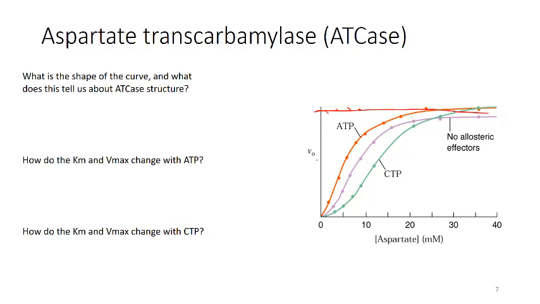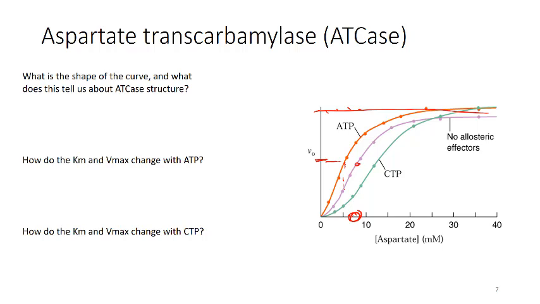If we go to 1/2 Vmax or the Km and we extrapolate to where the Km is, whoops, no, actually, let's do the other way. So if we pick one concentration, the Km of ATCase on its own is probably about right there.